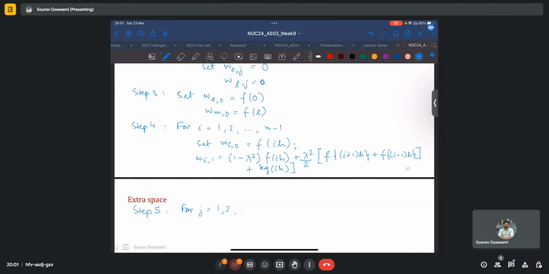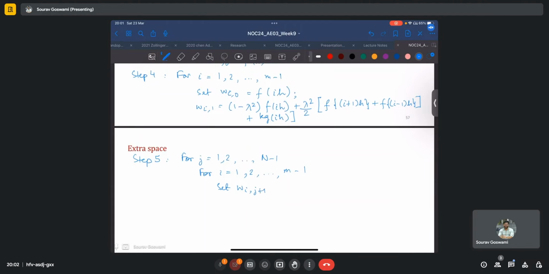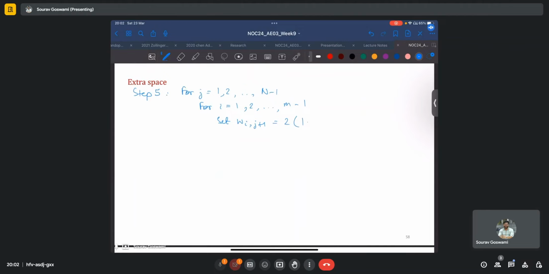So for j equals 1 till n minus 1, for each time step, for each step size along the length of our domain, i from 1 till m minus 1, we set w(i,j+1) equal to 2(1 − λ²) w(i,j) plus λ² [w(i+1,j) + w(i−1,j)] minus w(i,j−1).